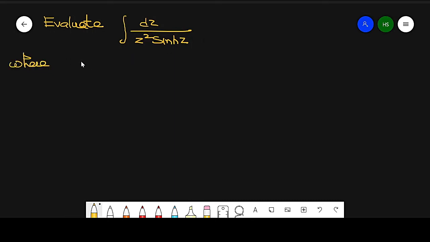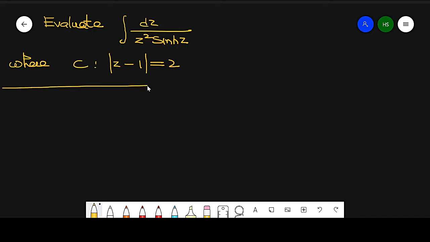Now after that, the next question is: evaluate the integration of dz over z square sine hyperbolic z, where C is modulus of z minus 1 equal to 2.